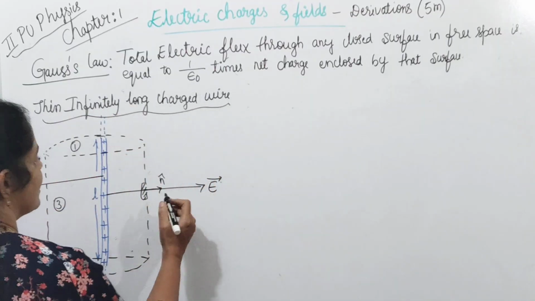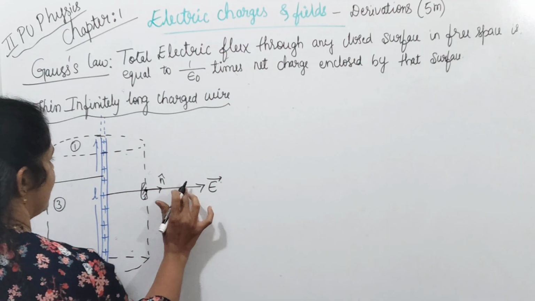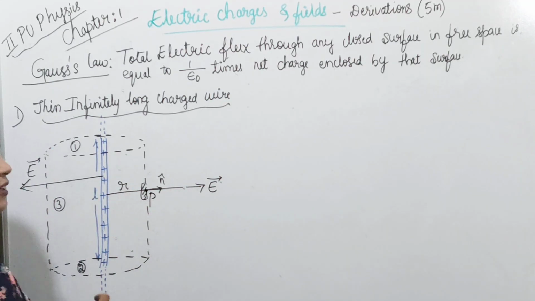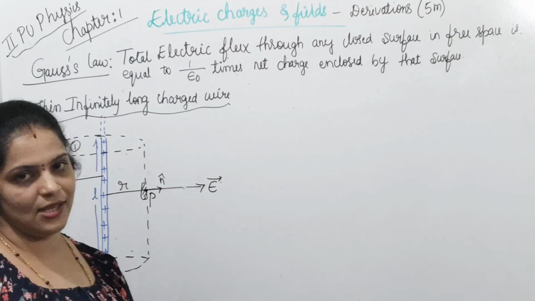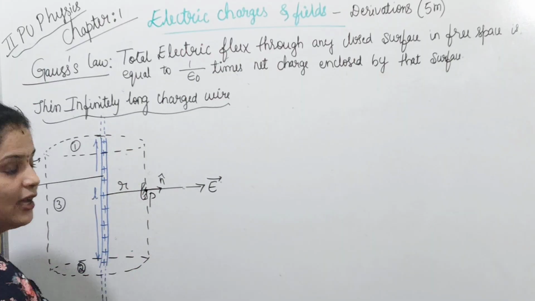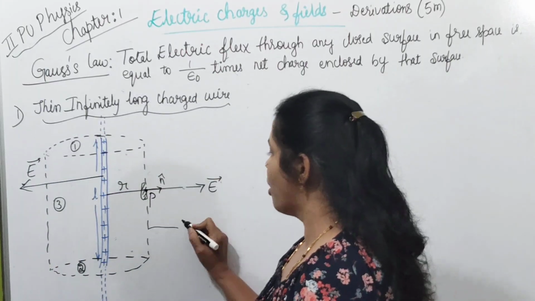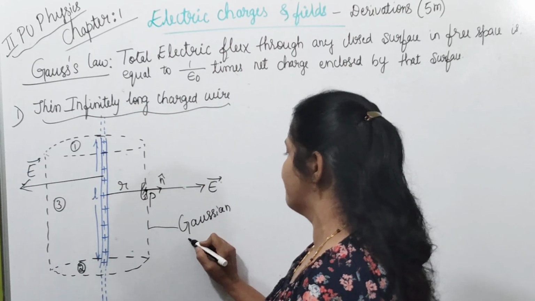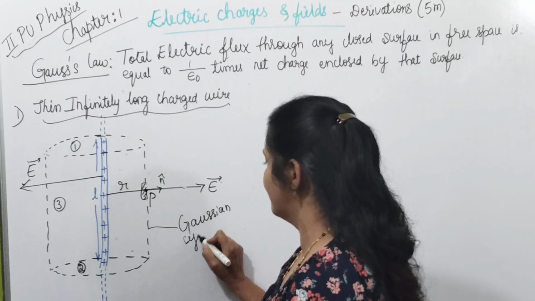To find the electric field at any point, the point may be somewhere here. Let me write, this is a point P at a distance R from the wire. So you need to imagine a closed surface. Here we need to imagine a Gaussian cylinder. This dotted line indicates an imaginary surface, and that surface is the Gaussian cylinder.